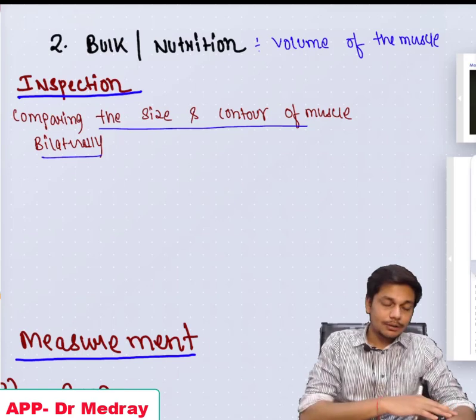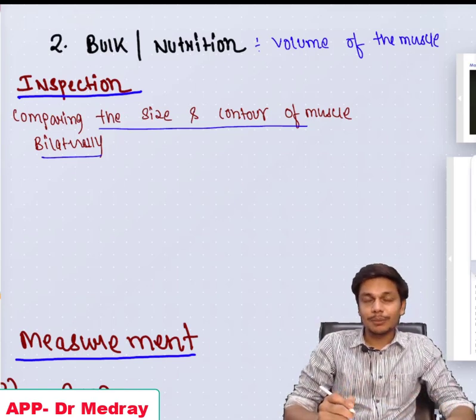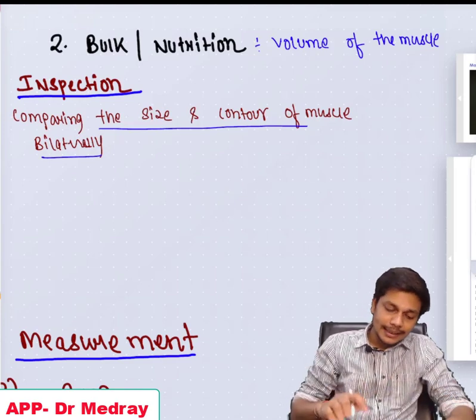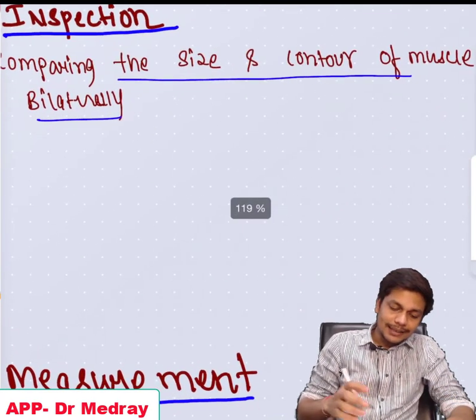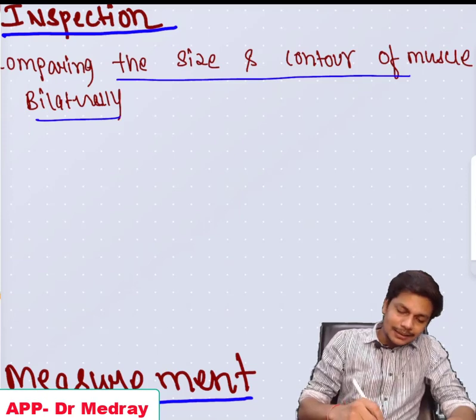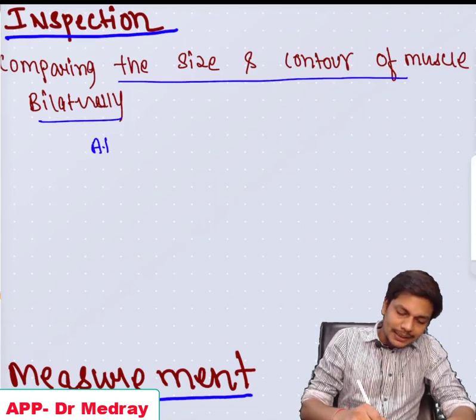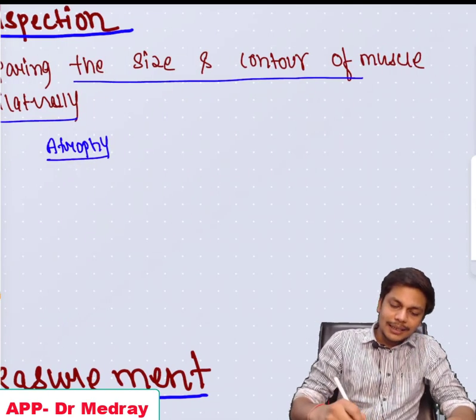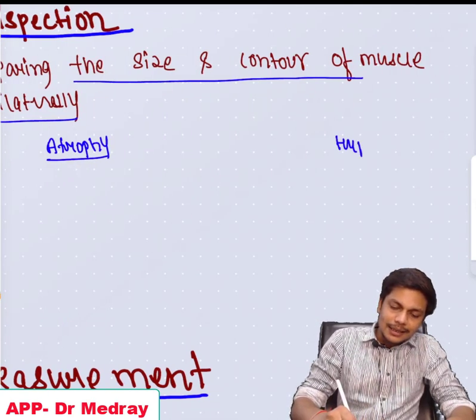We will see later. So you have to inspect the muscle for any volume loss, and while inspecting you can find that the muscle is atrophic, or sometimes that the muscle is hypertrophic.